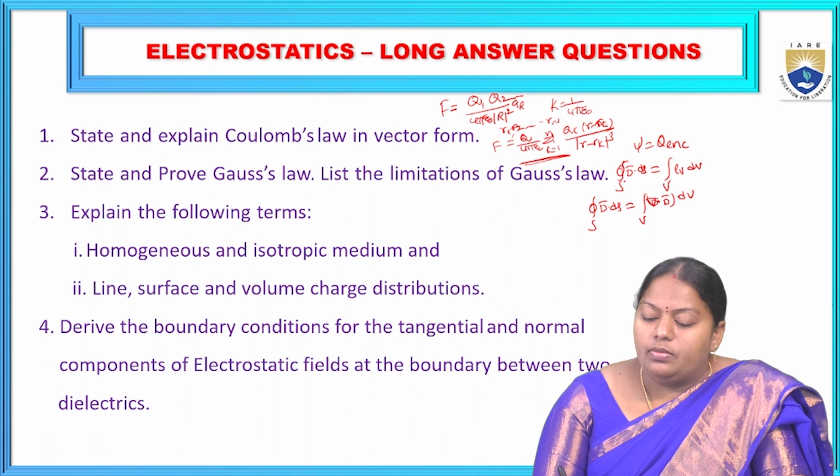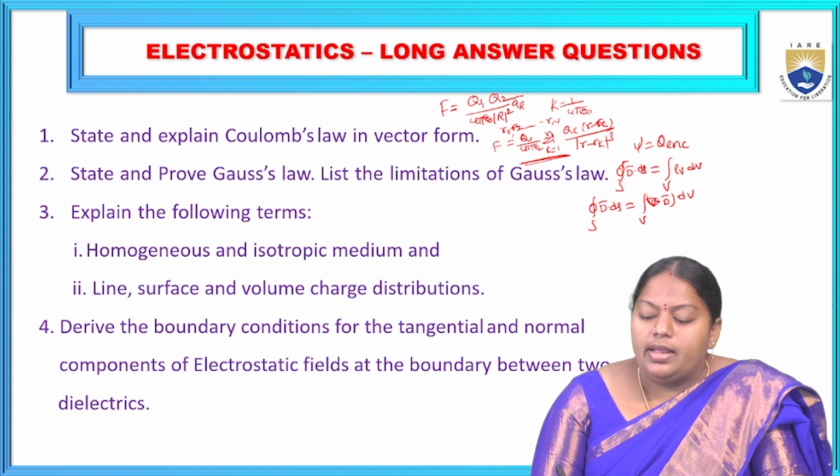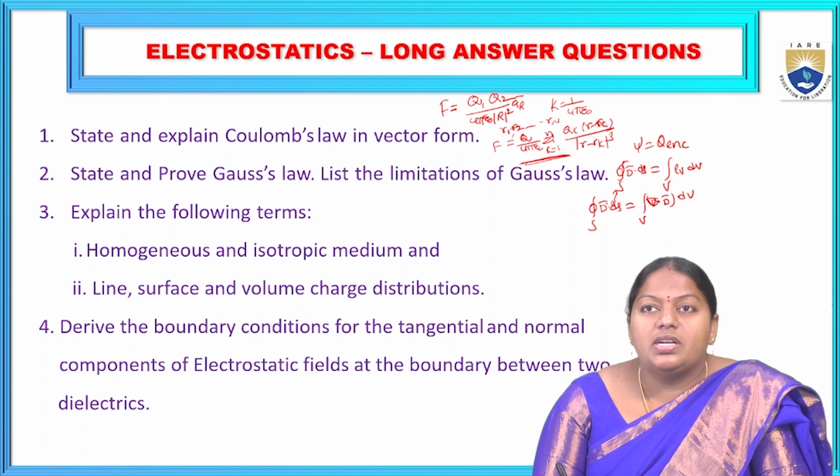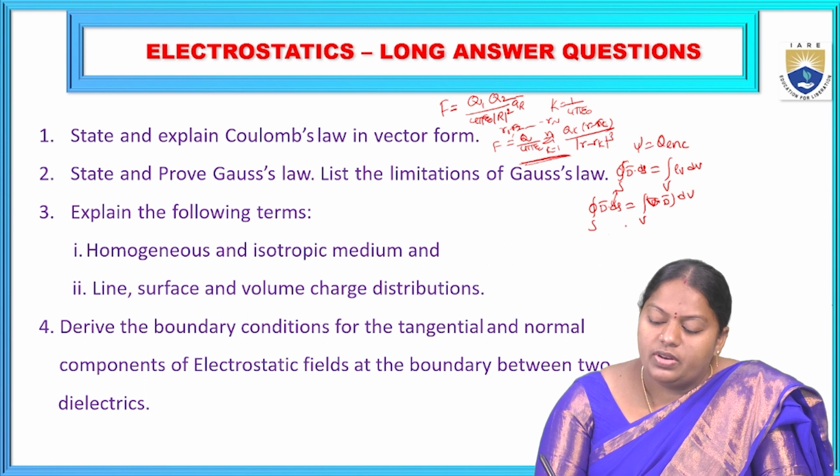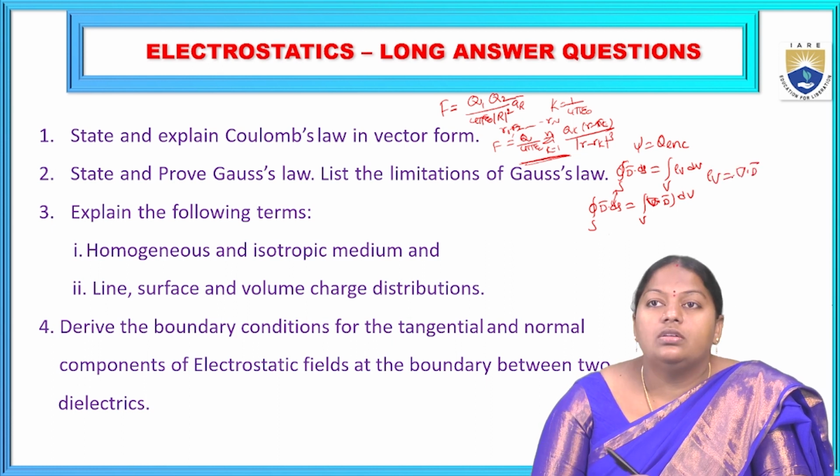Now if you observe, the LHS of both equations must be the same. If the LHS is the same, then the RHS of these two must be the same. From this we write the equation as rho V equal to del dot D bar.